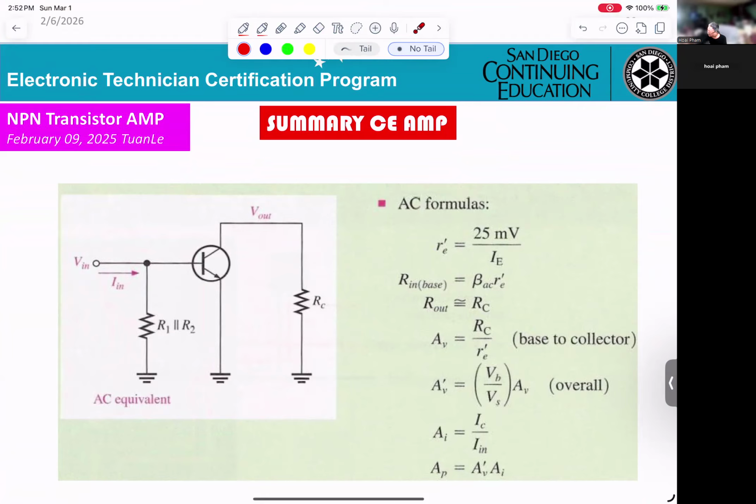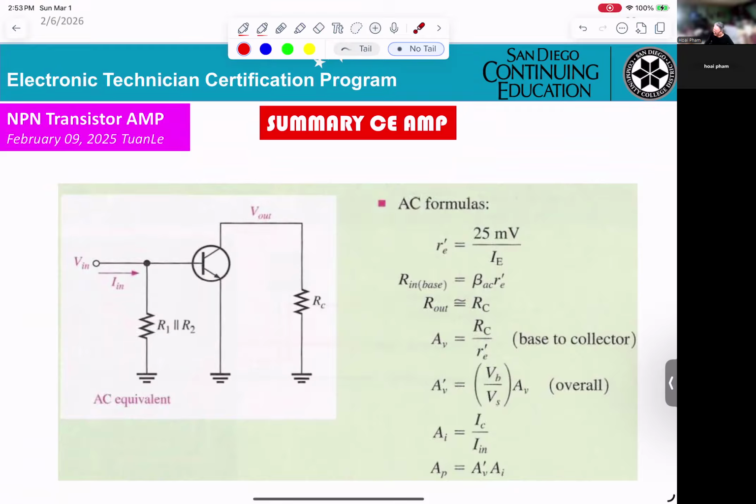Okay? Like R prime E. What is R prime E? You understand it on the AC, from the base to the emitter. They don't have any more diode.